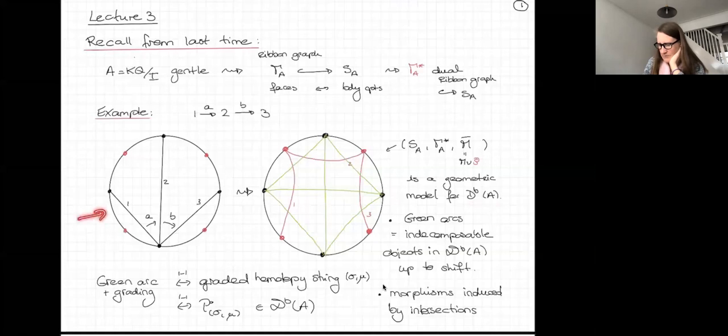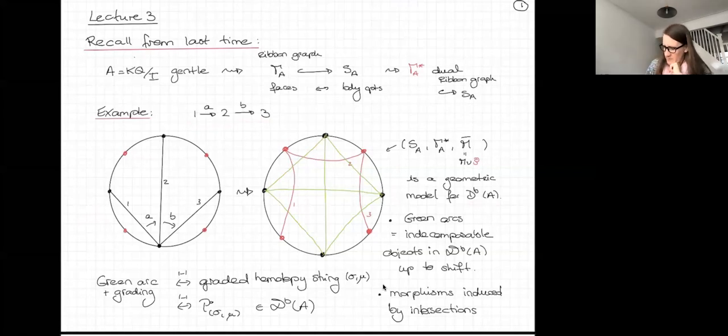So this is the ribbon graph of the gentle algebra, which is just the A3 quiver embedded in the surface. And then here is the dual graph with four vertices. And I have drawn in green all the indecomposable objects up to shift in the bounded derived category. So they're given by connecting black mark points.